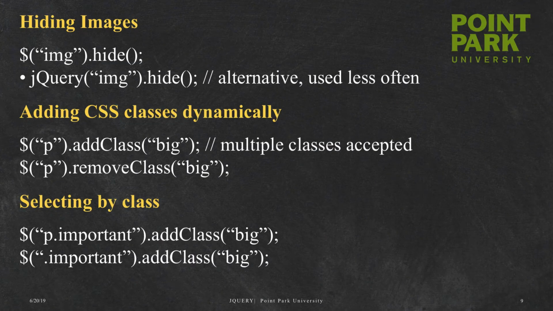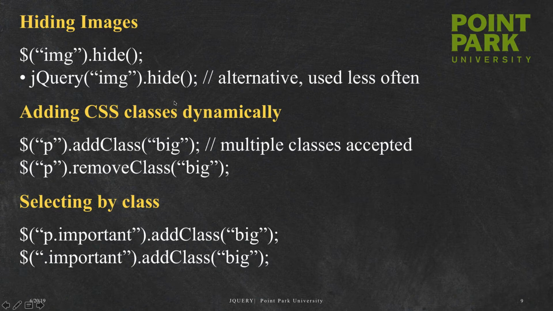So here are some examples, and we'll do these in our lab, of being able to hide something. I have a video on image hide. You're able to hide an image by selecting your image, whatever the image is, and .hide, which is a function that hides it, and show is for showing.